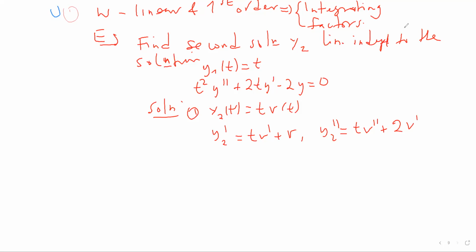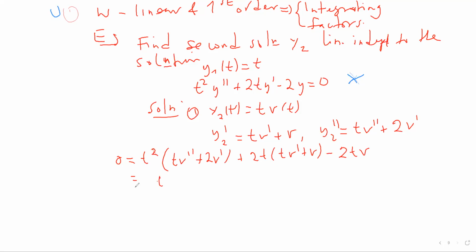Okay, so if we do that, then we have 0 equal to, we just make a substitution here. So we have t^2 times y'', which is t v'' + 2v', plus 2t y', which is t v' + v, minus 2y, which is t v.